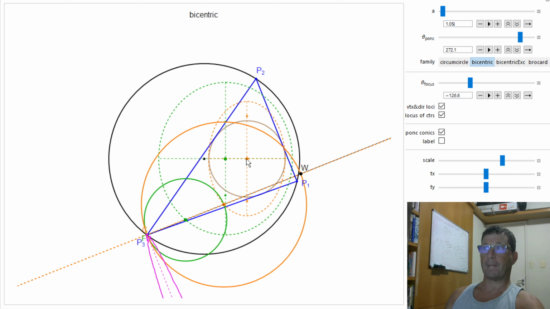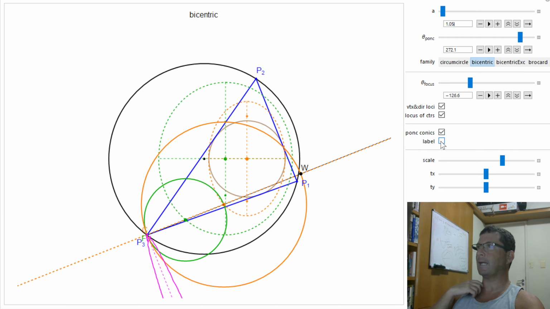Furthermore, the locus of the projection of the focus on the directrix, now no longer coinciding with the caustic, is internally tangent to the caustic. This brown circle here is tangent to this also elliptic locus, and its center is the incenter.